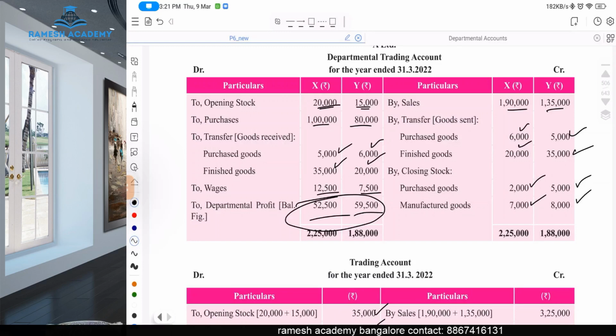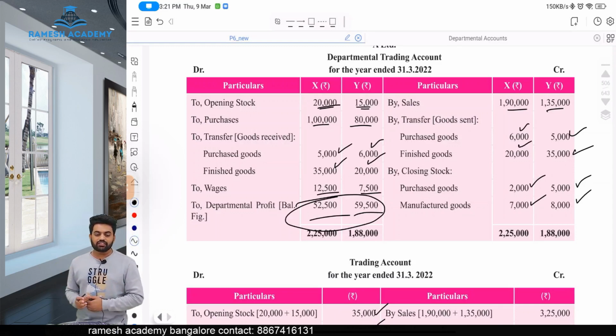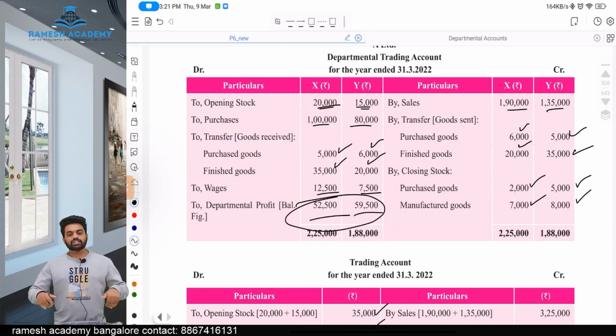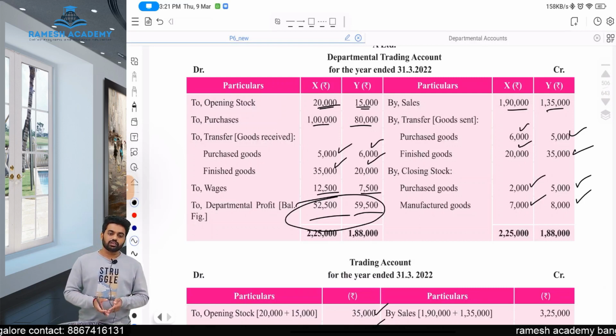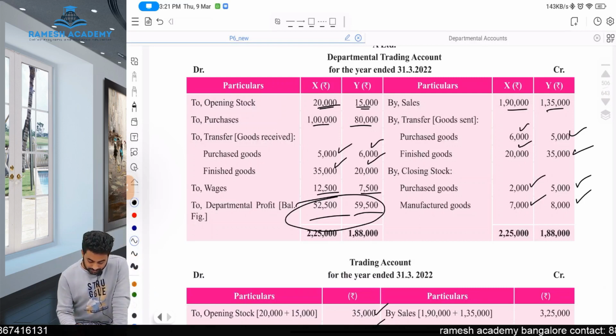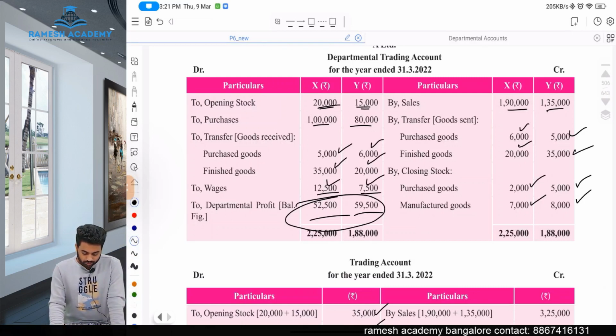As an organization as a whole, one department is receiving while the other is sending, and in the other case the reverse, so it gets nullified. Inside the organization only goods are moving, so there is no entry for the transfer. Next, wages of 12,500 and 7,500, which come to 20,000.